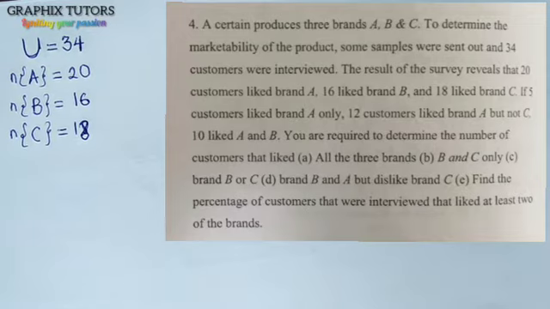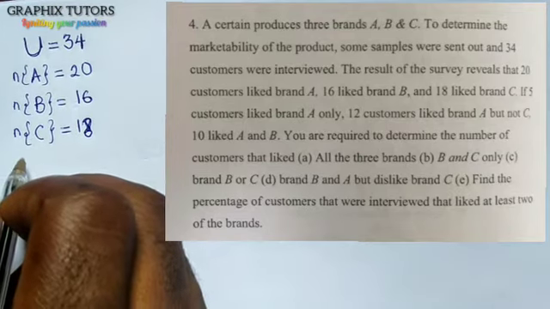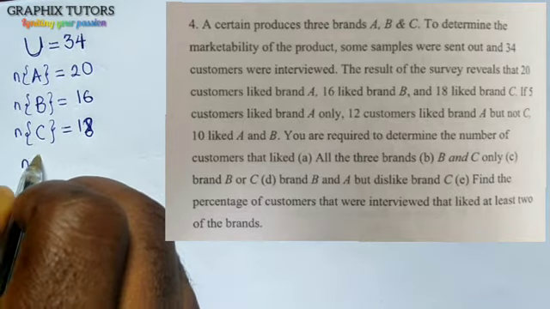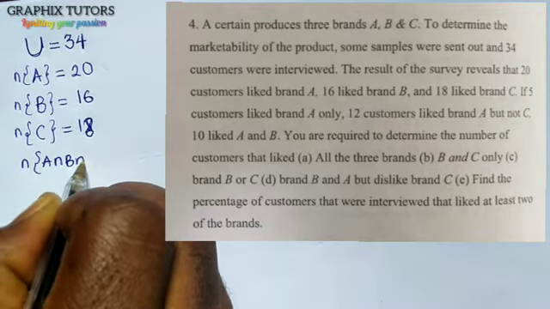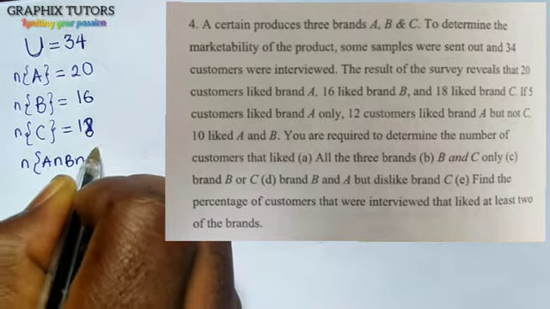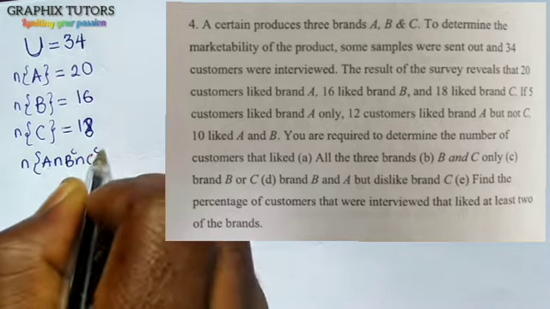If 5 customers liked brand A only, we'll do it this way. We'll say the number of customers that like A intersection B intersection C. But since you say A only, we're going to put a complement here to show that it's A only.